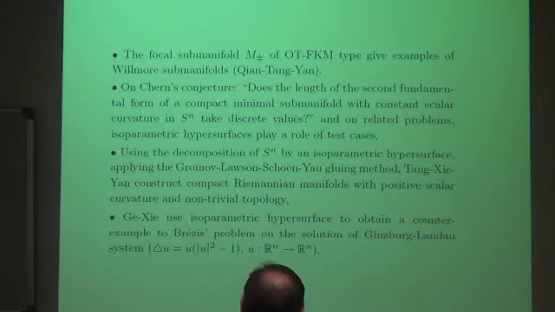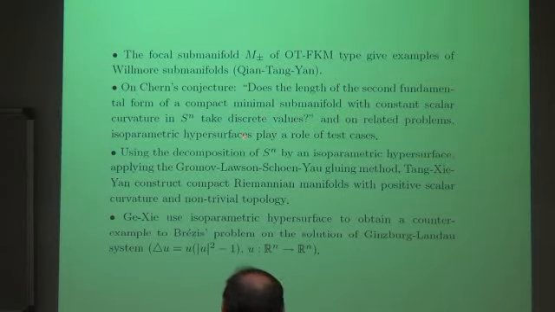And some answers are given by Tokarev, Kobayashi and some other people. On this problem, an isoparametric hypersurface has, of course, constant scalar curvature. So we can do a test using the isoparametric hypersurfaces to consider this problem.